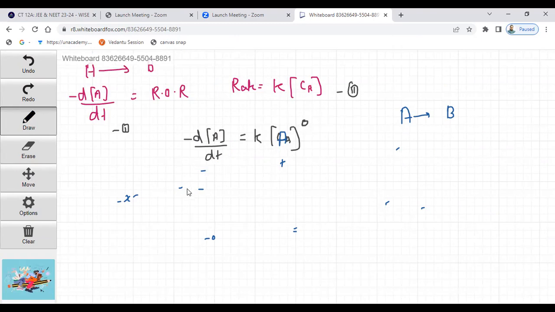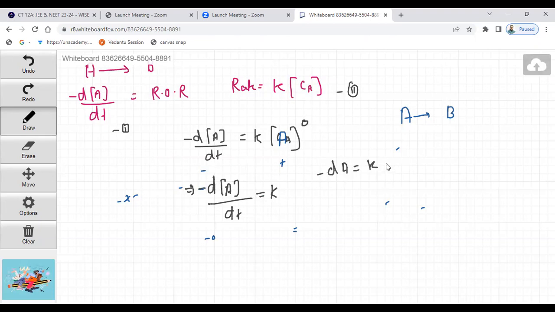So minus dA by dt is equal to k. If you cross multiply both sides, you will get minus dA is equal to k into dt.